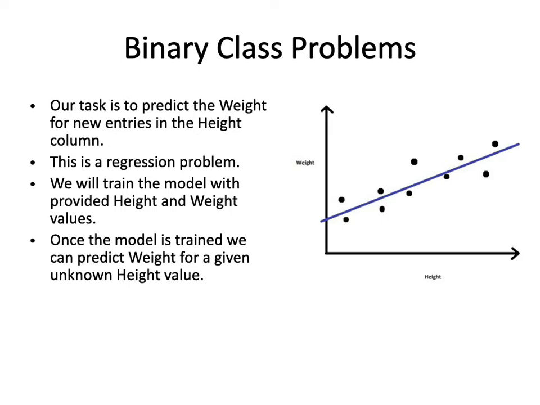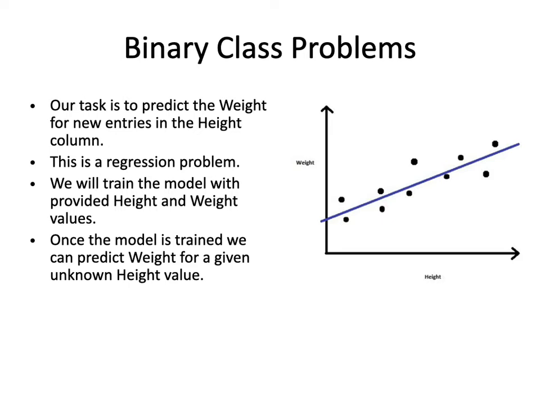So let's understand this with a simple example. Let's go for the classification problem in more detail. Suppose we are given a data set containing height and weight for a group of people, and our task is to predict the weight for new entries of the height column.